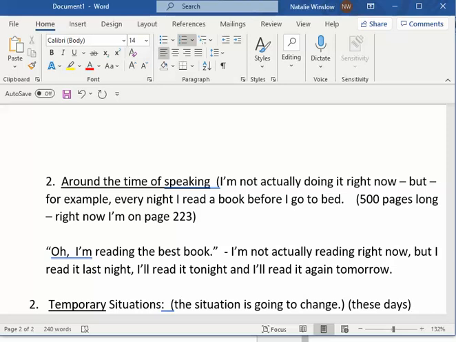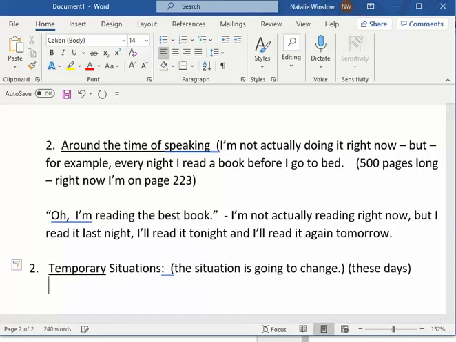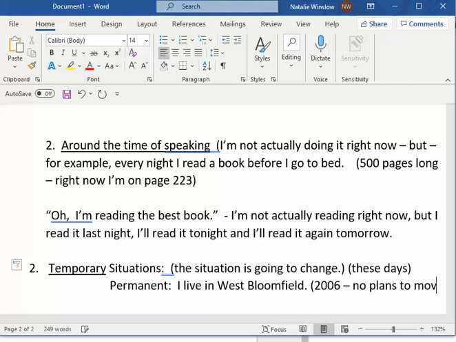All right, so let me give you an example of a permanent situation. A permanent situation. I live in West Bloomfield. We moved here in 2006 and we have no plans to move.